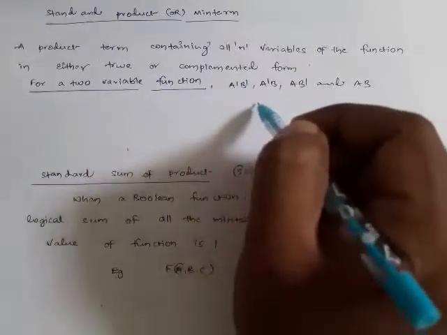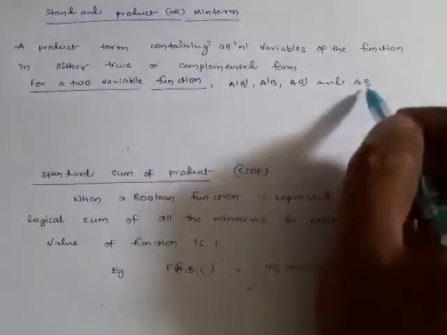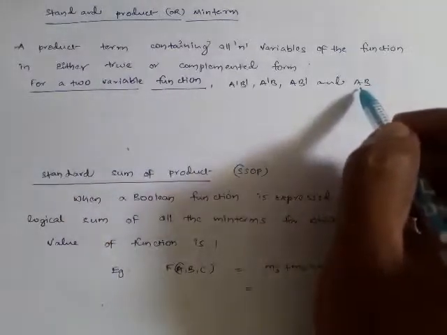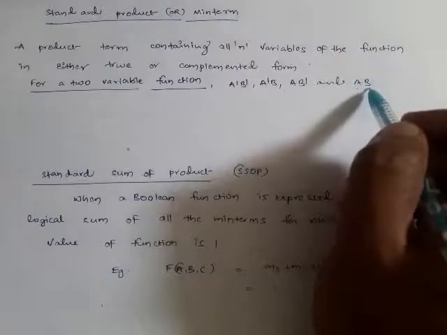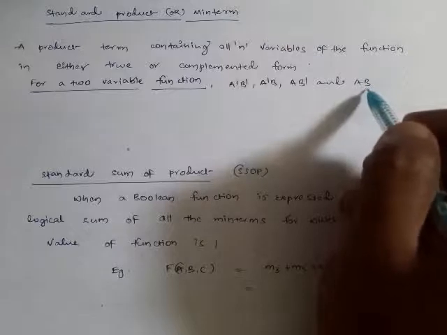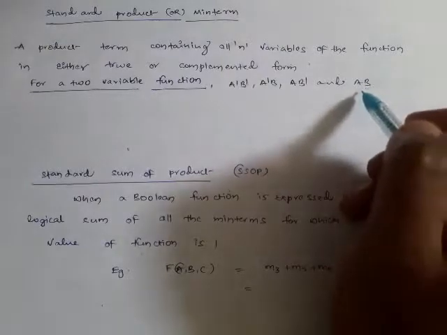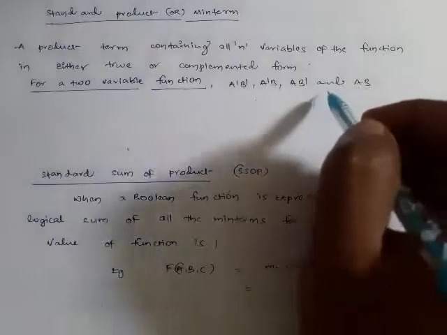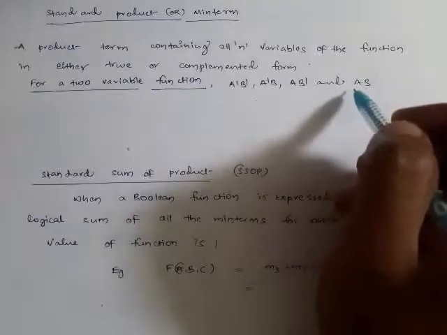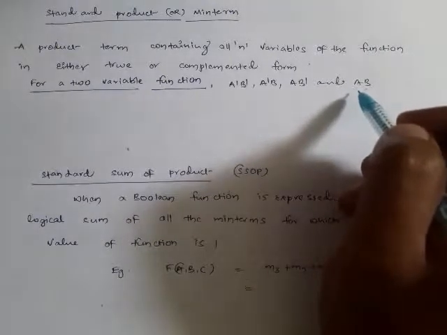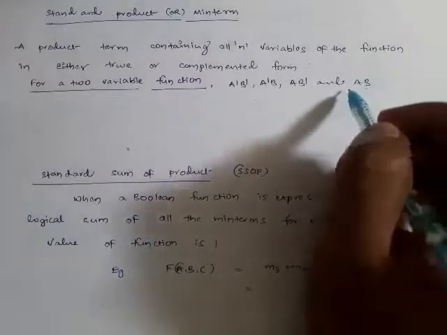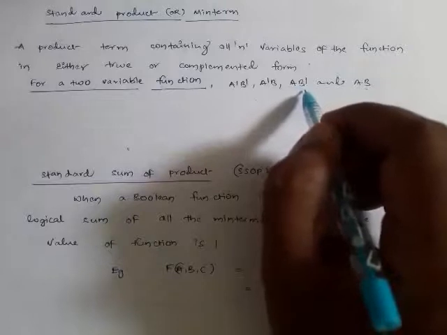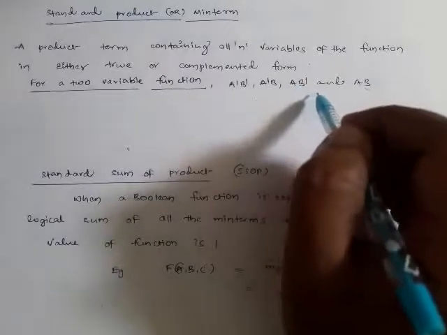Similarly, in the last minterm, the value of a is 1, so it is written in its original form, and the value of b is also 1, so it is also written in its original form. So in minterms, a variable is written in its original form if its value is 1, and in its complemented form if its value is 0.